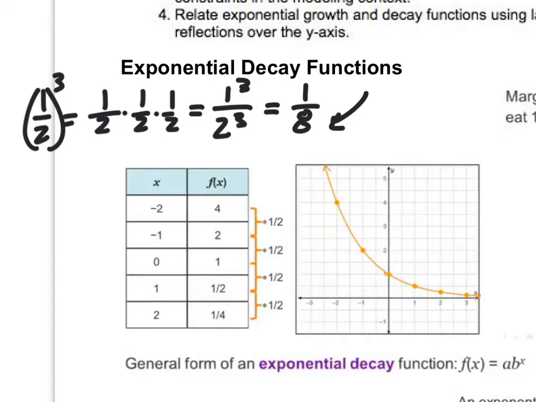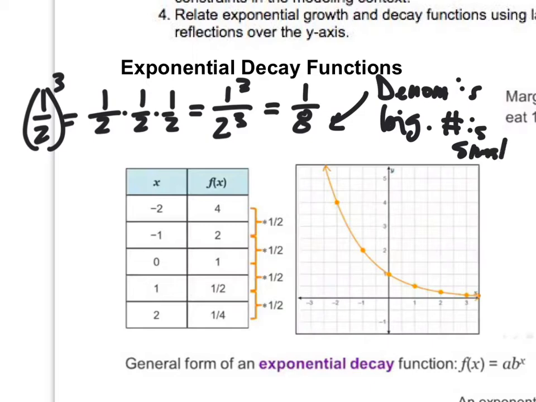When the denominator is big, the number is small. And when your denominator grows really big, those y values are going to approach 0, and that's what we call an exponential decay function.